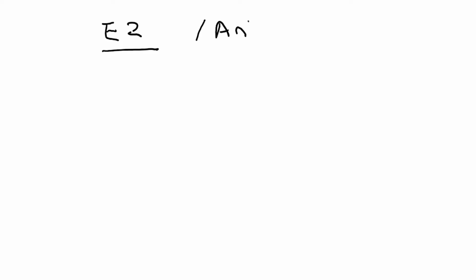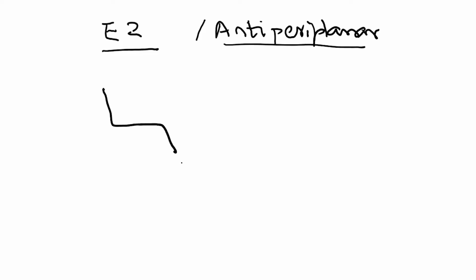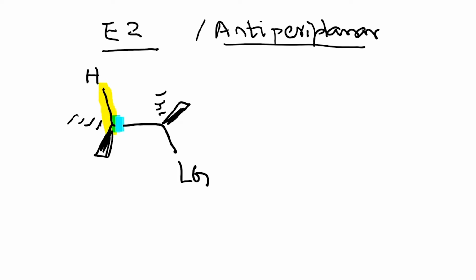So anti-periplanar configuration or anti-periplanar geometry is in place. What this means is that you have the leaving group here and hydrogen over here, and the other groups are in this kind of orientation. And what happens is that this bond starts to break, and you have a new double bond that is being formed, and this bond starts to break.